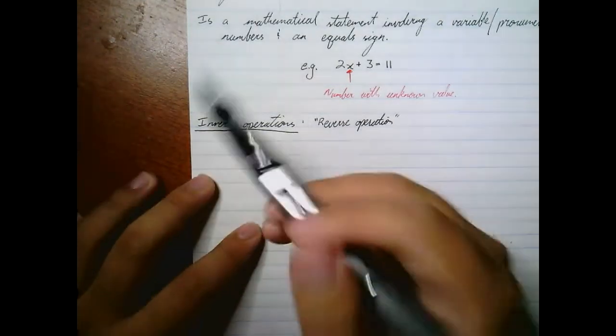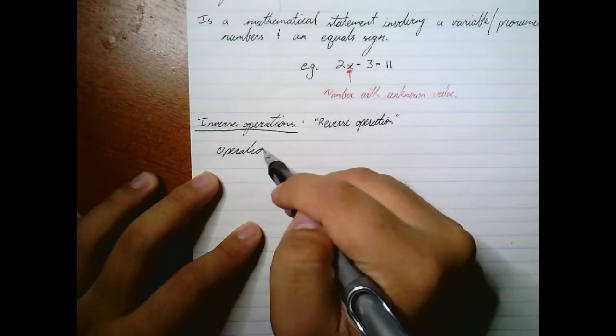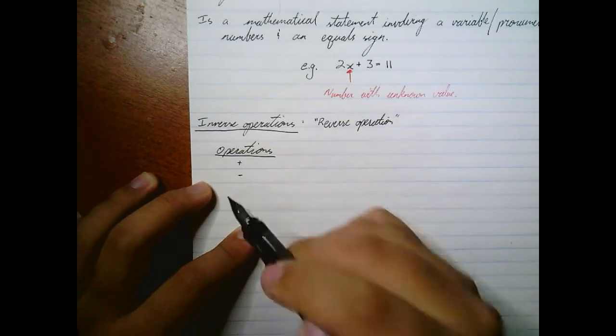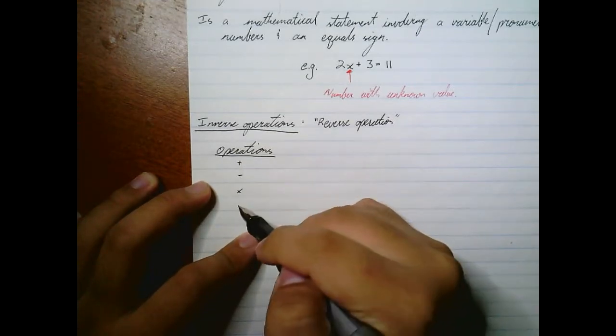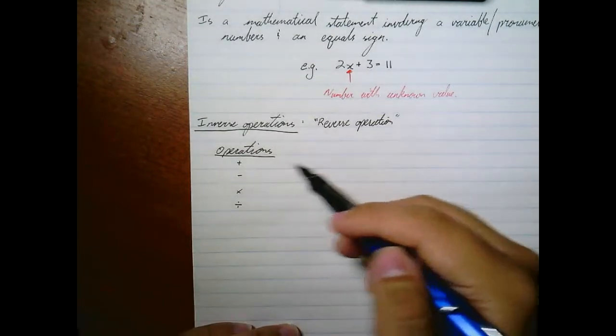So for example, if I've given you the operations of addition, subtraction, multiplication, and division, the inverse operations of each of these would be the reverse of them.